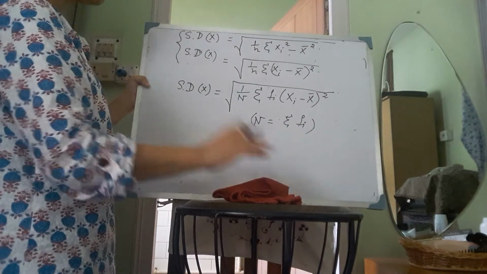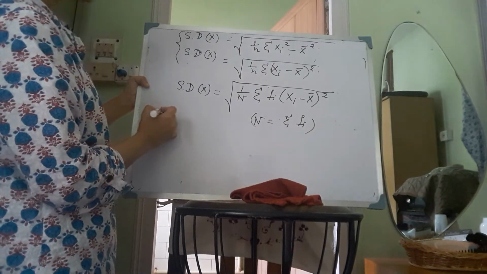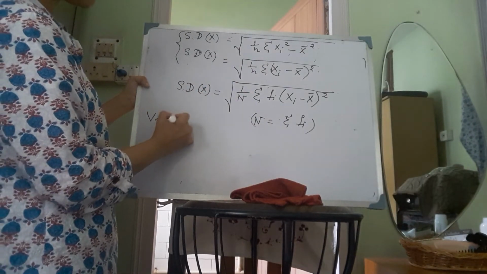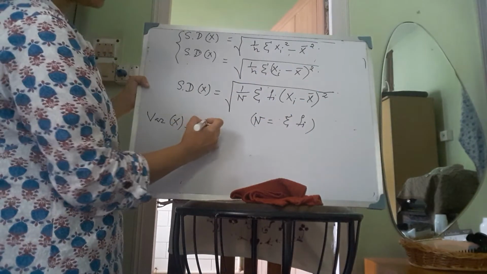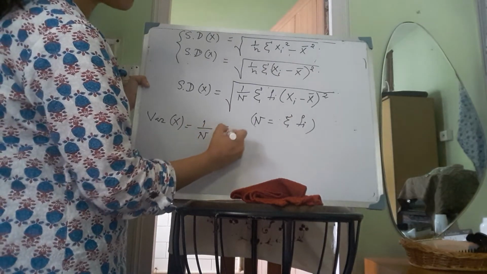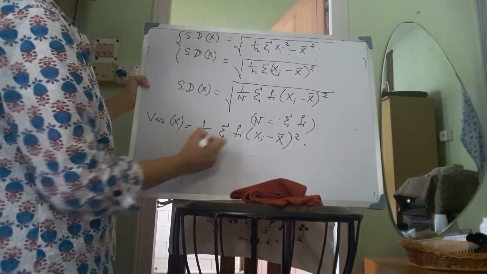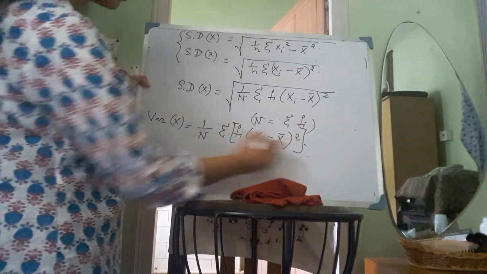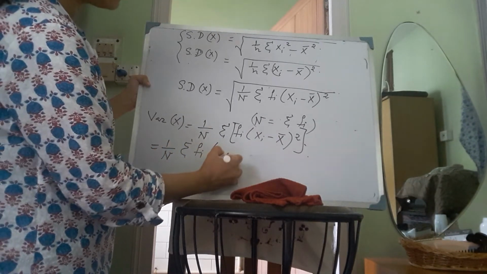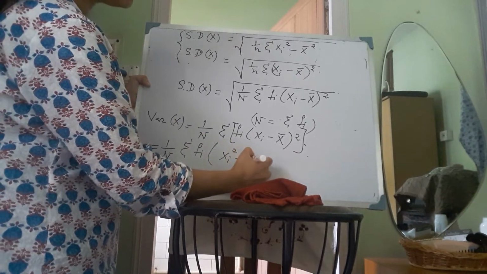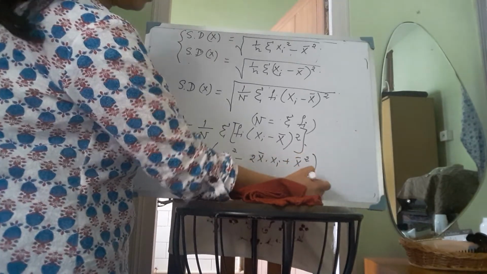Now what is the alternative formula for standard deviation of x for a data with frequency? So in that case we are considering the variance of x. Now if we consider variance of x, then we have to square this expression. So in that case we will get 1 by n summation of fi xi minus x bar whole square. Now if we expand this, then we will get 1 by n summation of fi, then within the bracket xi square minus 2 x bar xi plus x bar square.